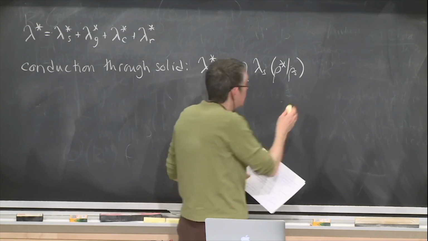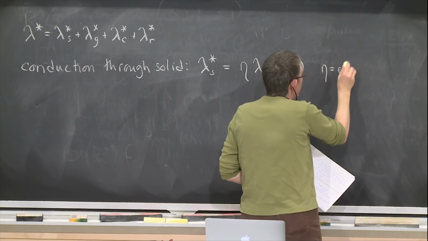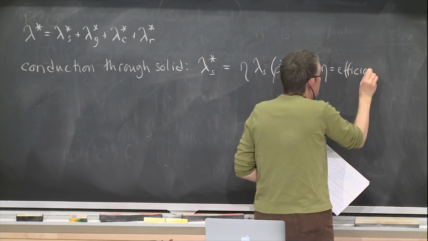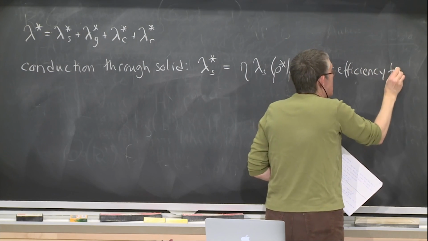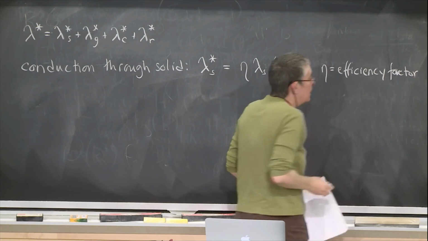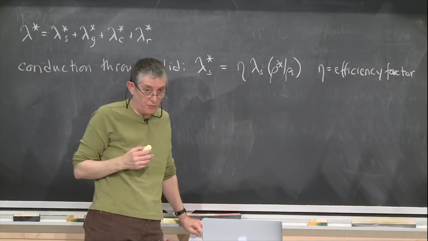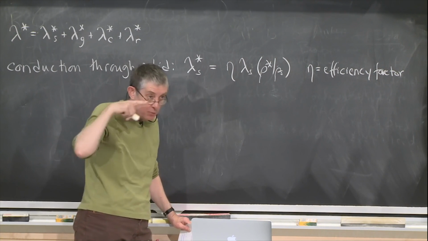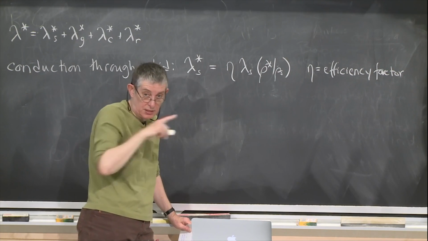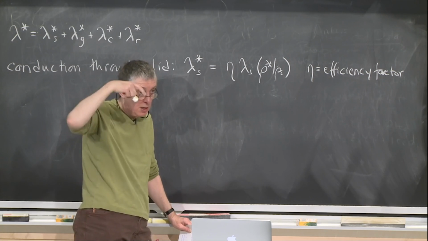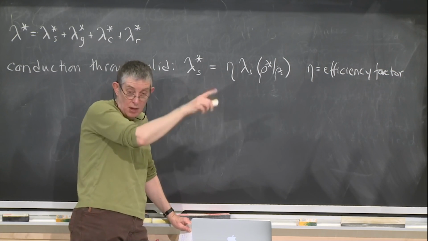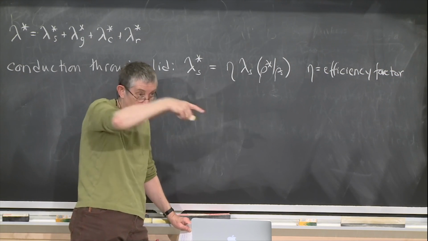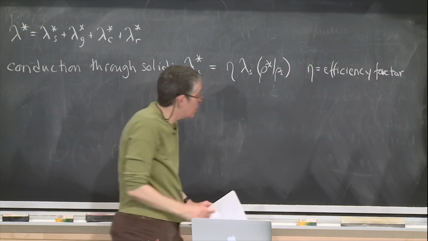And here eta is an efficiency factor and it accounts for the tortuosity in the foam. So if you think of the solid in the foam, it's not like we have little fibers that just go from one side to the other like this, and the heat just moves along those fibers. You know, the foam cells have some complicated geometry, and the heat has to kind of run along that complicated geometry.